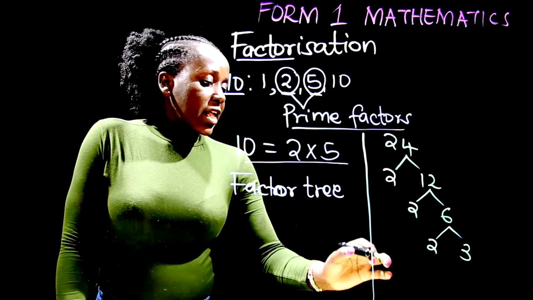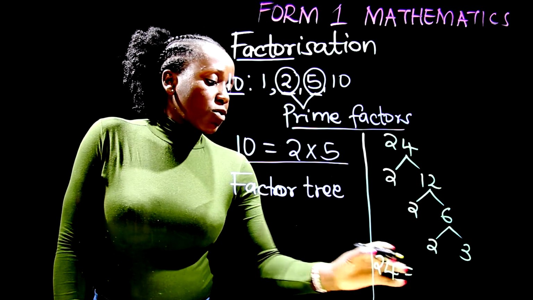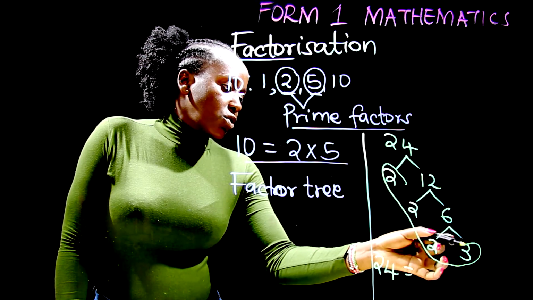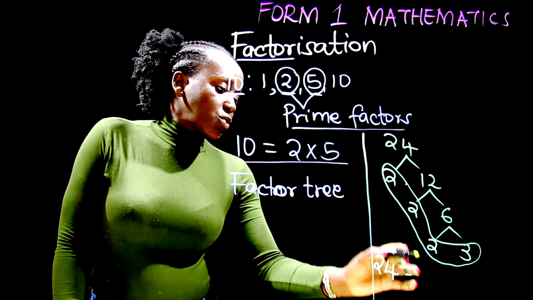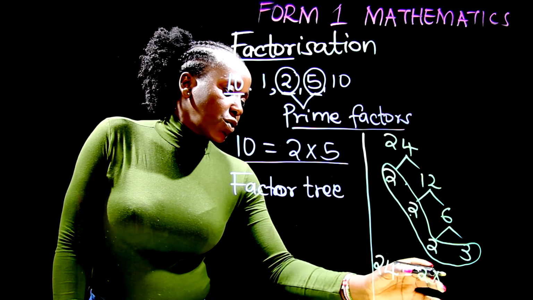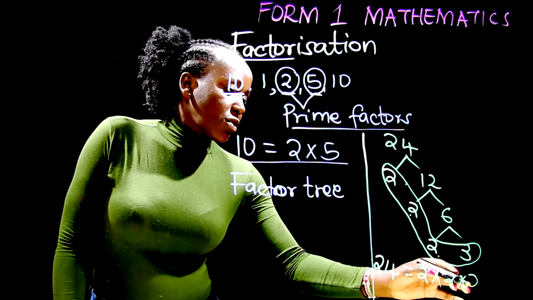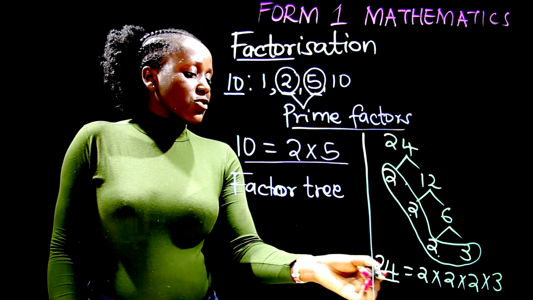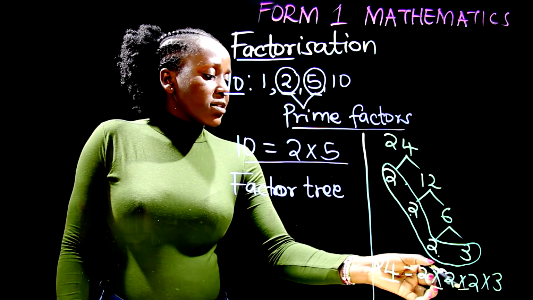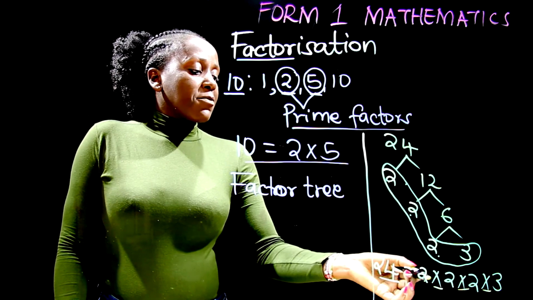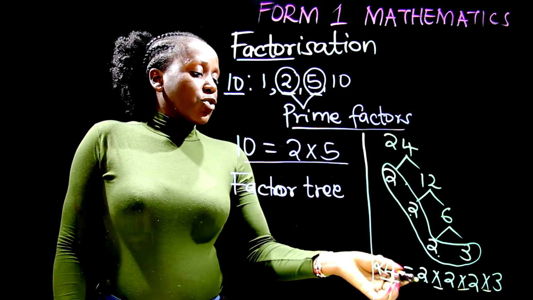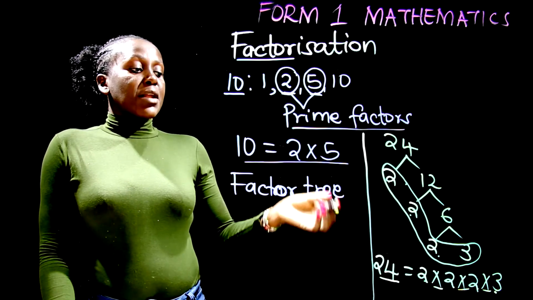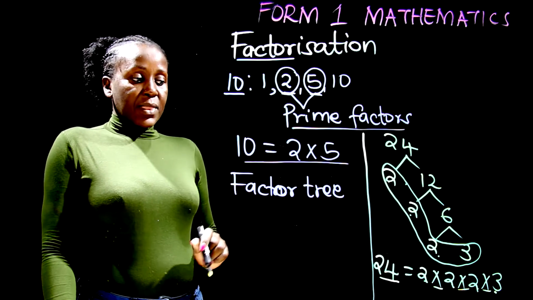So we can say that 24 will be equal to 2 times 2 times 2 times 3. Like you can see, we have expressed 24 as a product of the prime factors in it. You notice that the numbers that we have here are prime numbers. So they are prime factors.